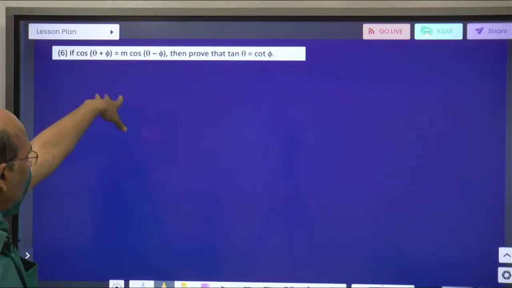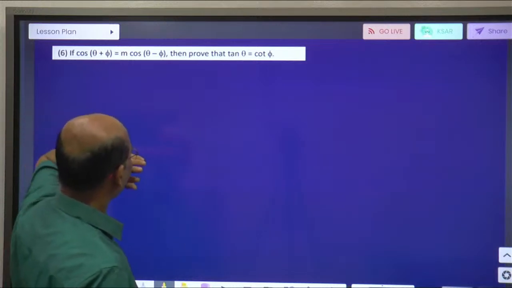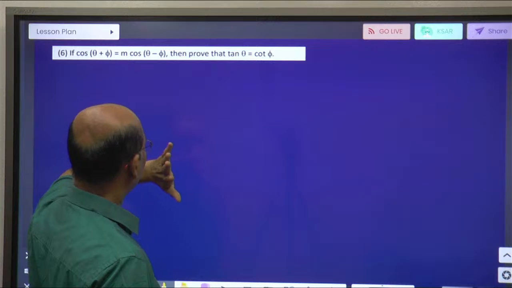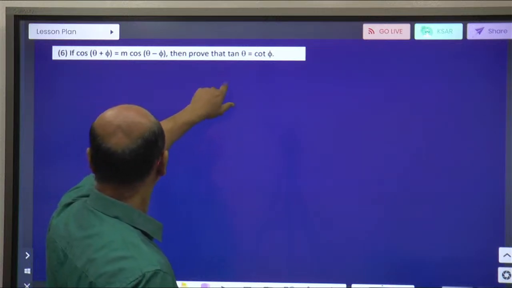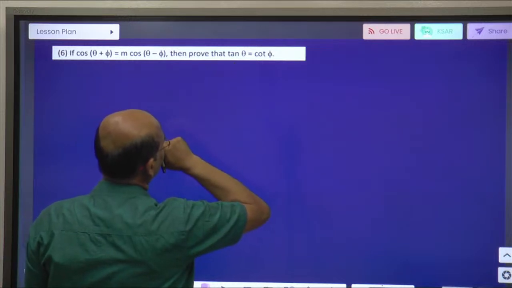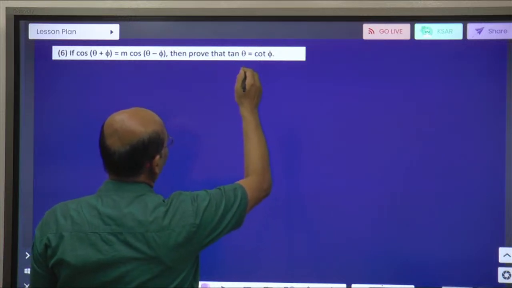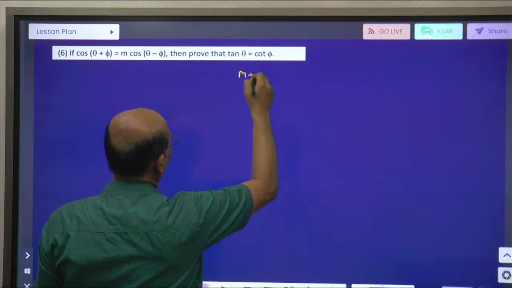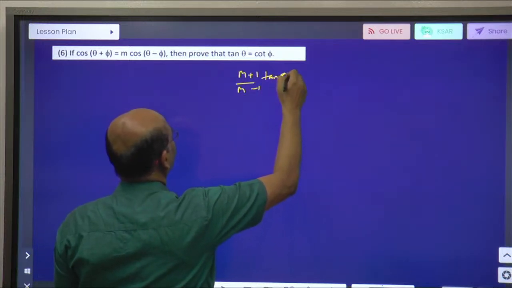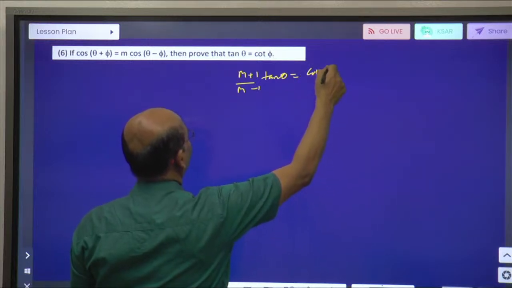No, something is missing in this question. It is actually: prove that m plus 1 upon m minus 1 tan theta is equal to cot theta, cot psi.